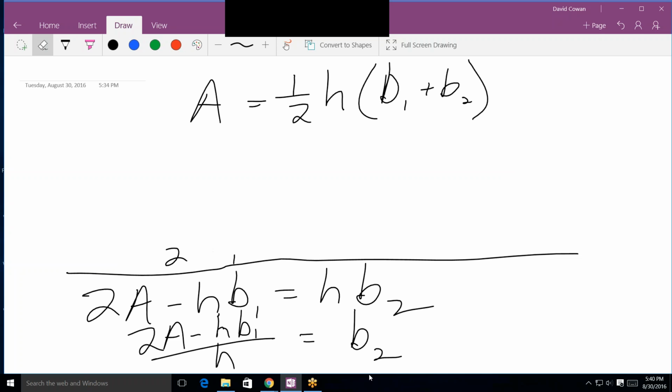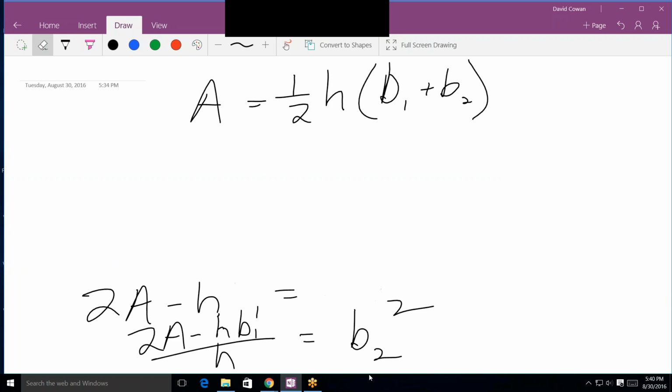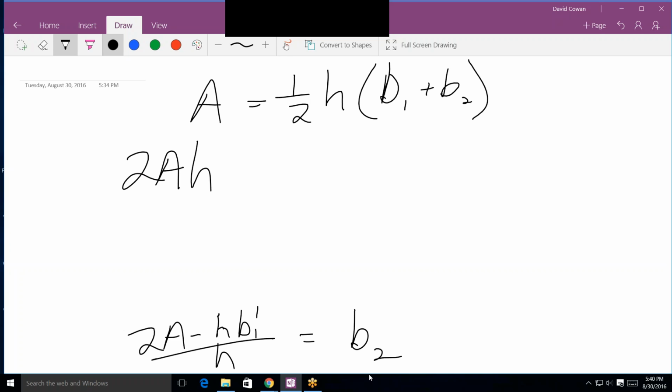What if we start out by multiplying both sides by 2h? Well, now that gives me 2ah equals b1 plus b2.